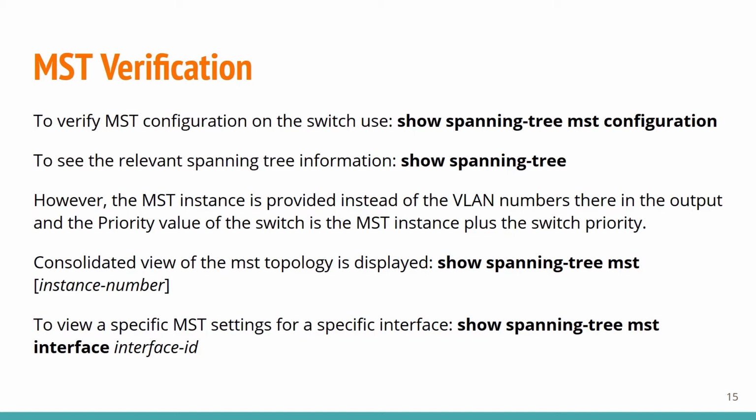A consolidated view of the MST topology is displayed with the command show spanning-tree mst, and you can also filter by instance number by adding the option instance number. To view a specific MST setting for a specific interface, use the command show spanning-tree mst interface with the interface ID.